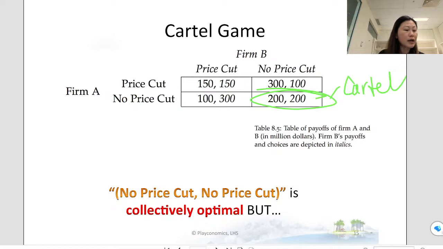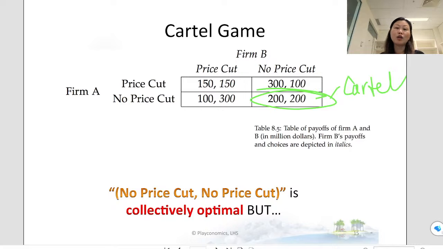Now, we then talk about the surplus of the cartel. 200, profit for all. But this is not what is good for the economy. This is not what is good for society. Consumers in particular, it's very bad when there are cartels or there's price setting happening. Society likes competition.